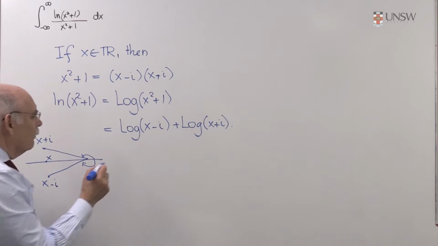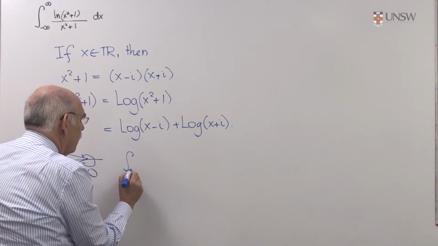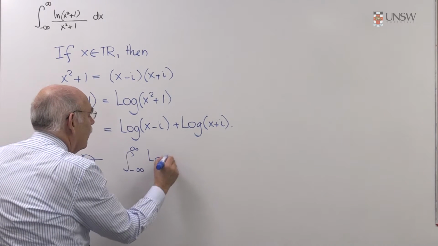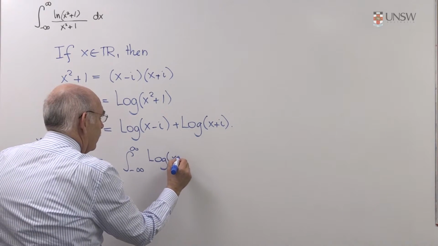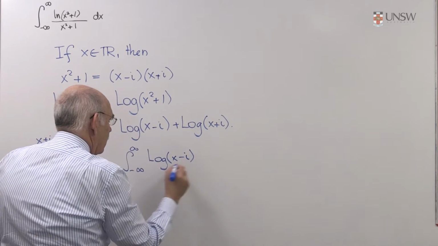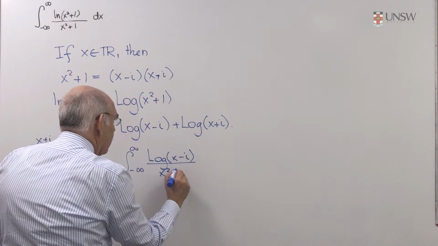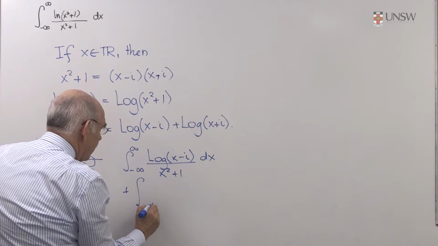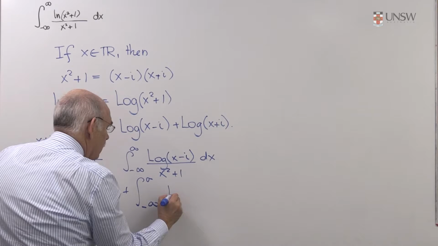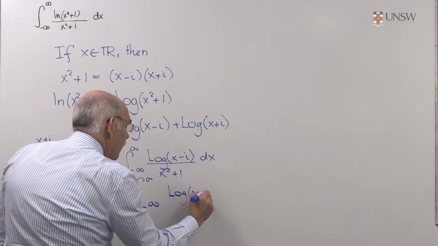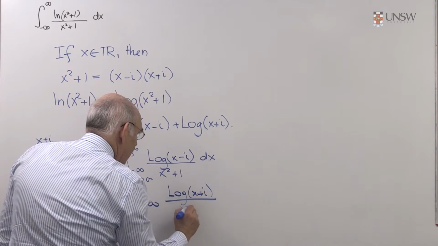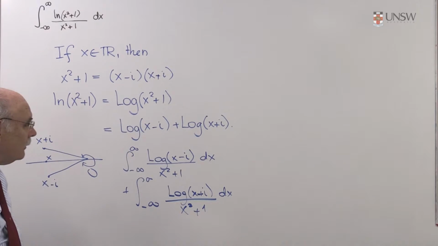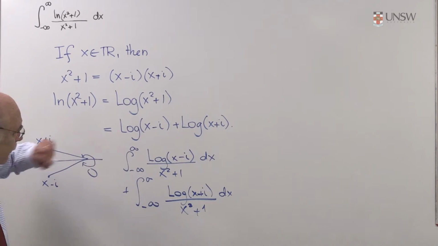So that means that we can write it as integral minus infinity to infinity log of x minus i over x squared plus 1 dx plus integral minus infinity to infinity log of x plus i over x squared plus 1 dx.